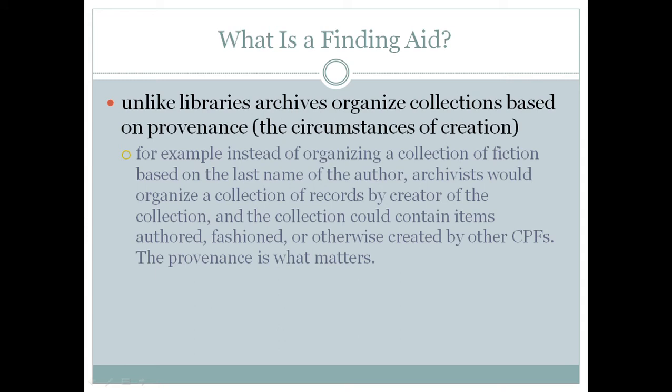So a little bit about finding aids, because I don't know who's in the archival track and who isn't. In your regular library collection, you organize by subject or by author. You can't do that in archival collections. Archival collections are organized by provenance, which has a lot to do with the creator.